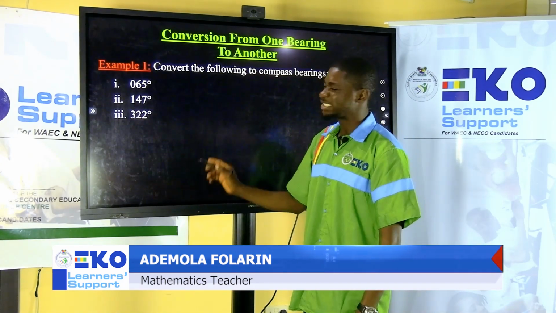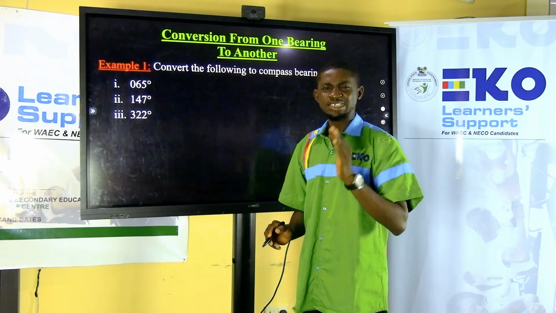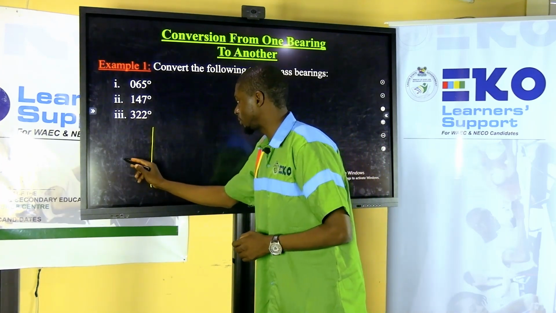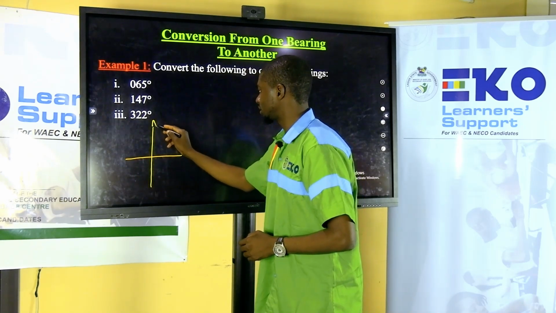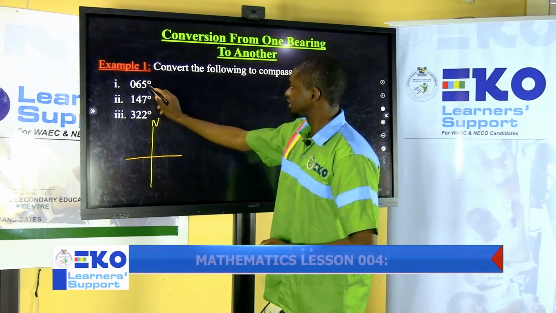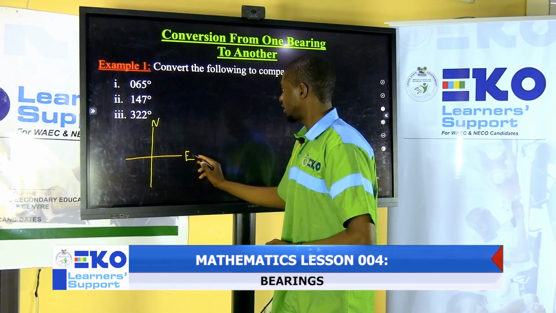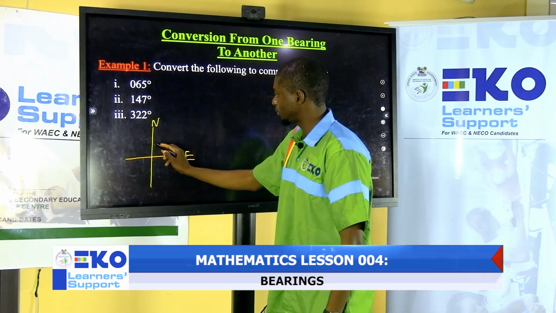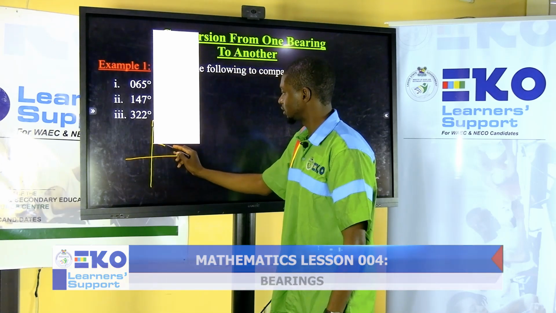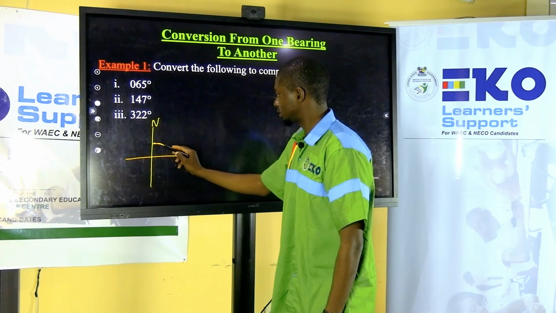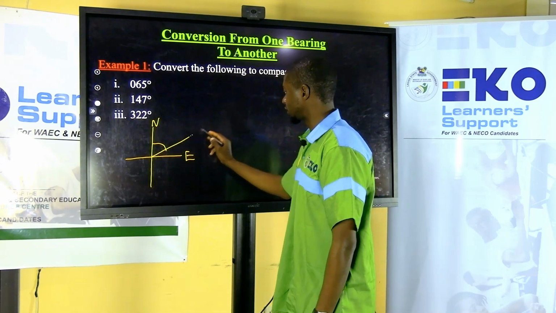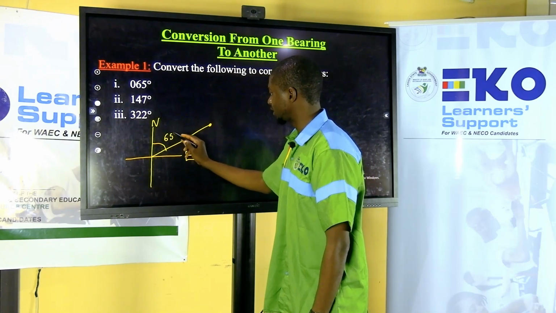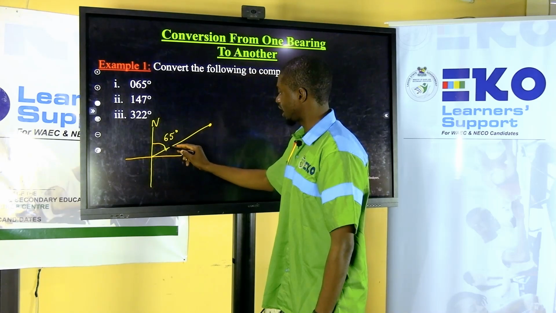This very first one is 65 degrees. Can we first sketch it? Yes, the sketching should not be our problem. This is north. So from the north, east, if you read from the north, angle 65 probably becomes something like this. So this is 65 degrees now, right? So this is the angle.